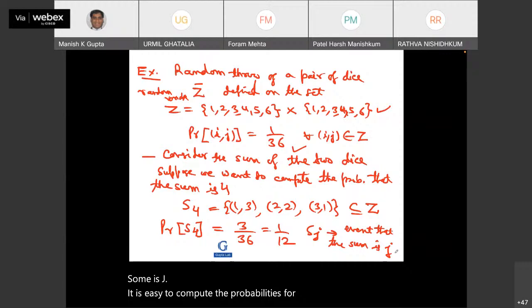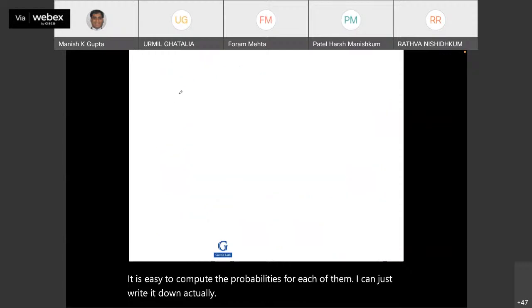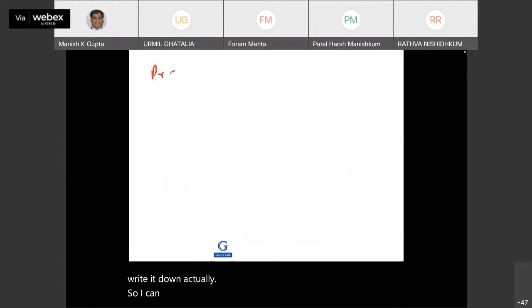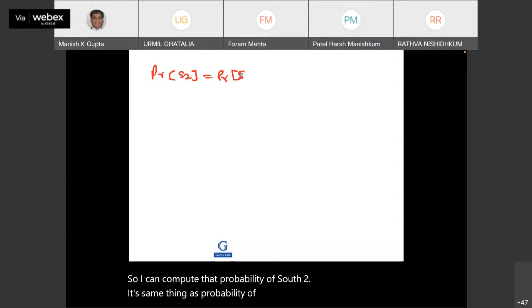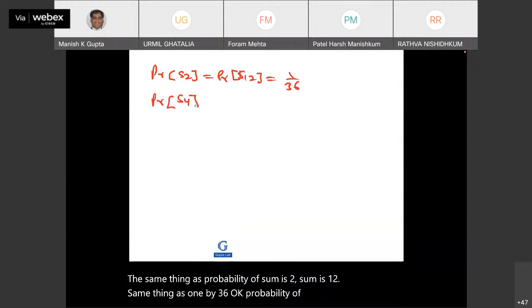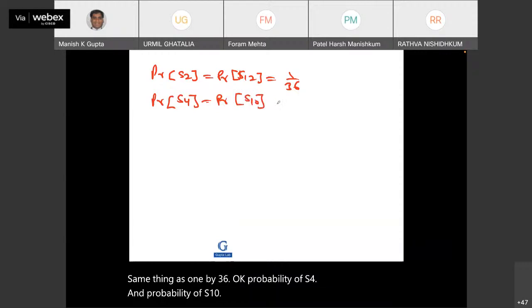The probability of S2 is the same as the probability of S12, which is 1 by 36. The probability of S4 and the probability of S10 is 1 by 12.